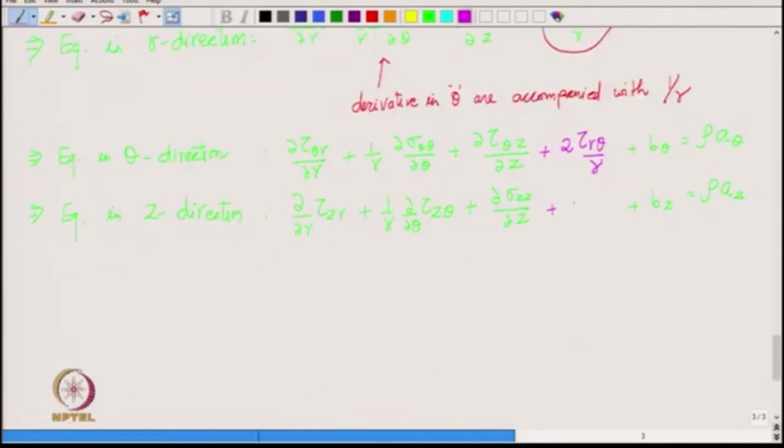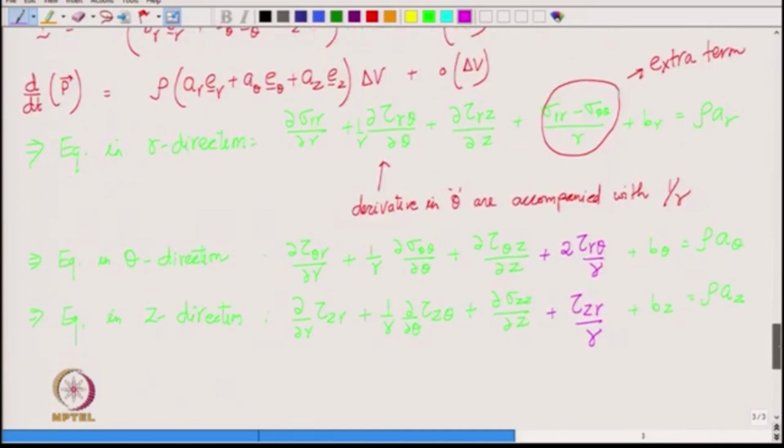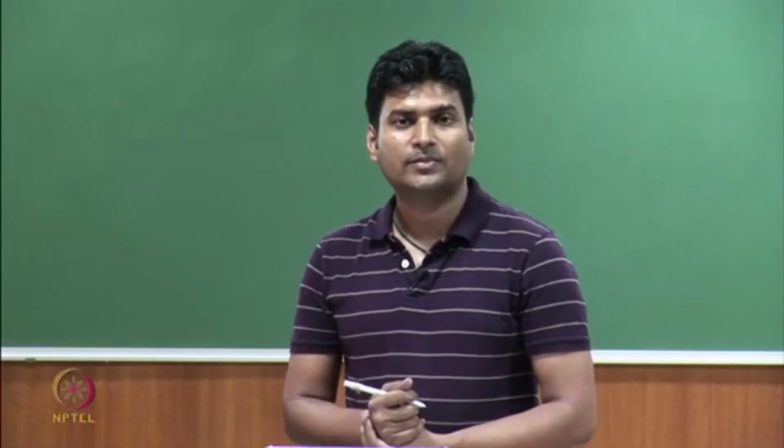So, we will write here plus tau z r over r, all right. So, now we have the equation for the cylindrical coordinate system with these extra terms also. Okay. So, this completes our derivation for the linear momentum balance in cylindrical coordinate system.